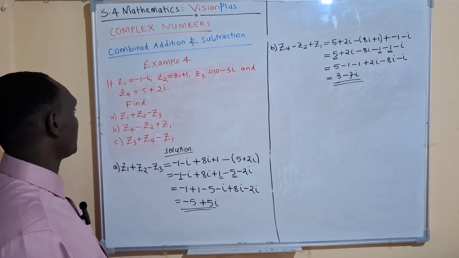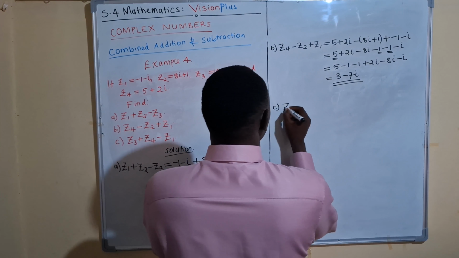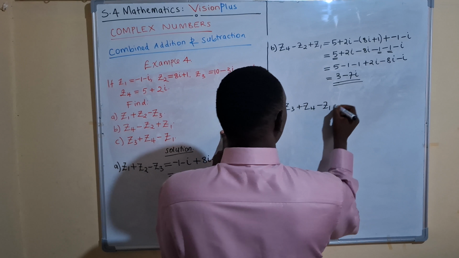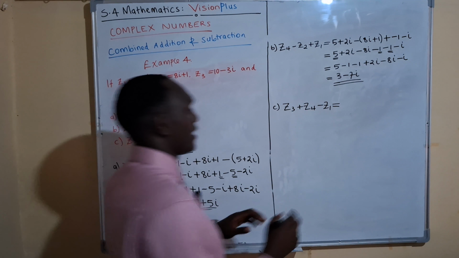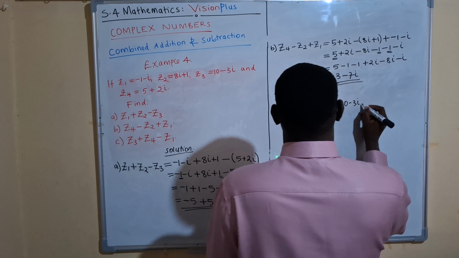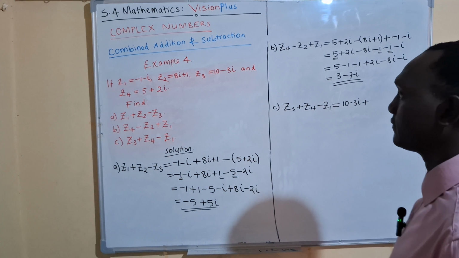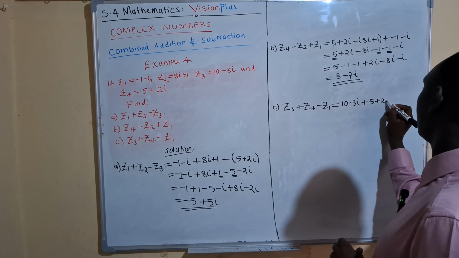Finally, to part C, which is z3 plus z4 minus z1. Let us substitute for z3. z3 is 10 minus 3i. But I'm adding z4. What is z4? 5 plus 2i.